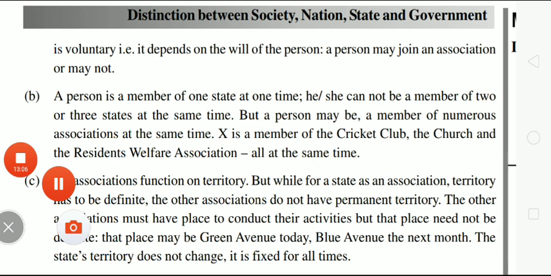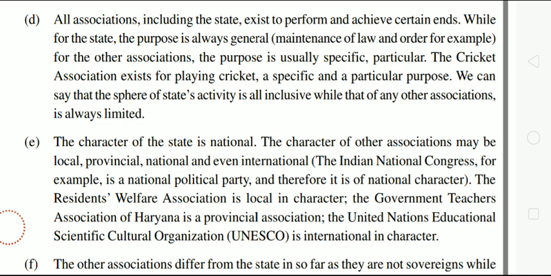The cricket association exists for playing cricket, a specific and particular purpose. We can say that the sphere of state activity is all inclusive, while that of any other association is always limited. E. The character of the state is national.